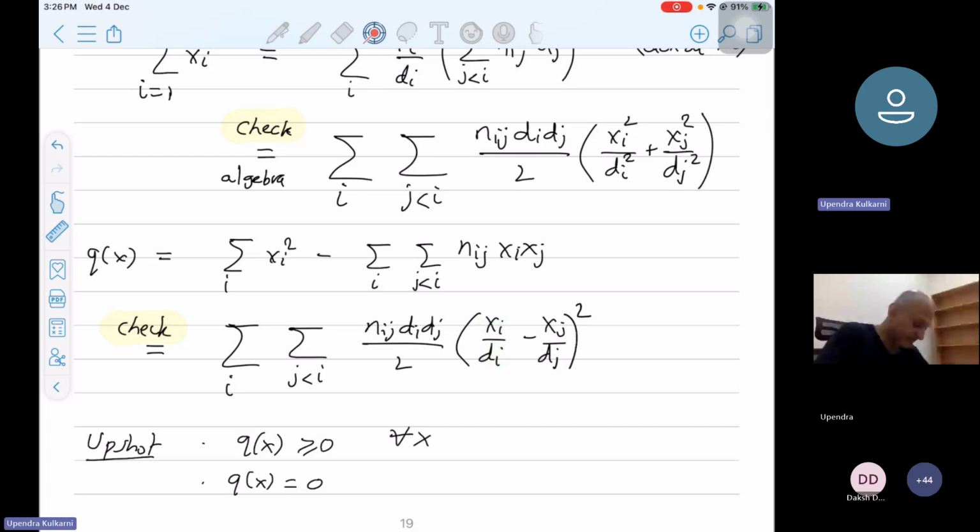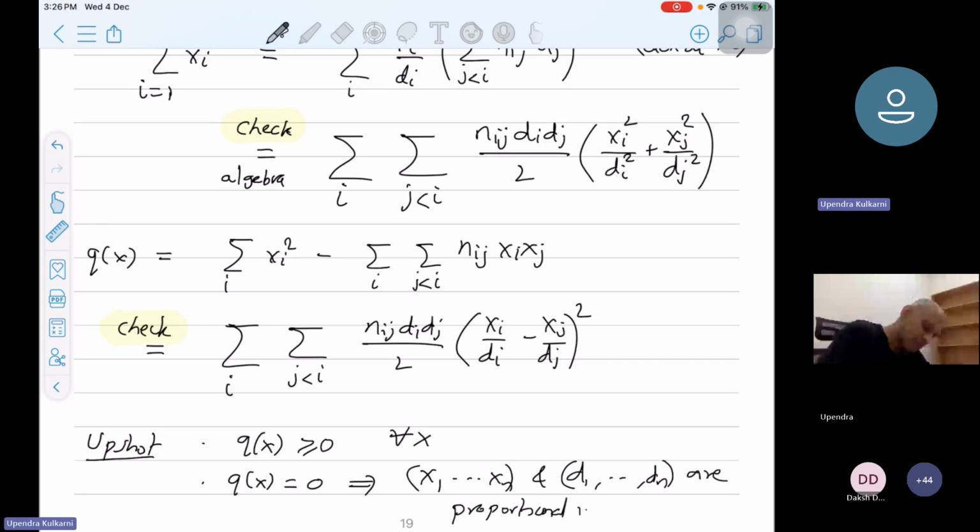In fact, I don't even have to say edge here. But that just means that x1 up to xn and d1 up to dn are proportional in Zn. That just means one of them is a rational multiple of the other.